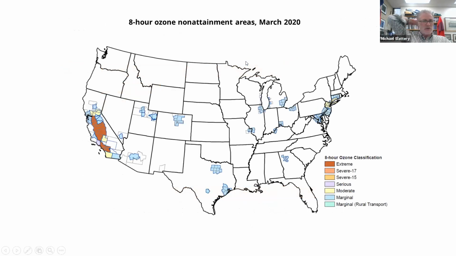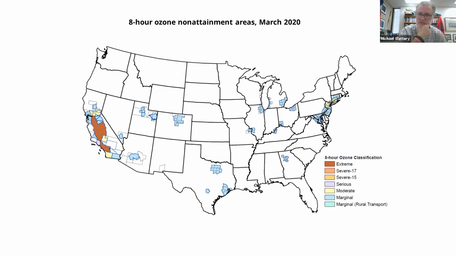So what is ozone? How does this work? Why are we struggling with ozone so badly? This is a map very similar to the first one. I haven't updated it to this year; this is March of 2020, just prior to the shutdown from the pandemic. This shows counties that have extreme, severe, serious, all the way through to marginal ozone issues.